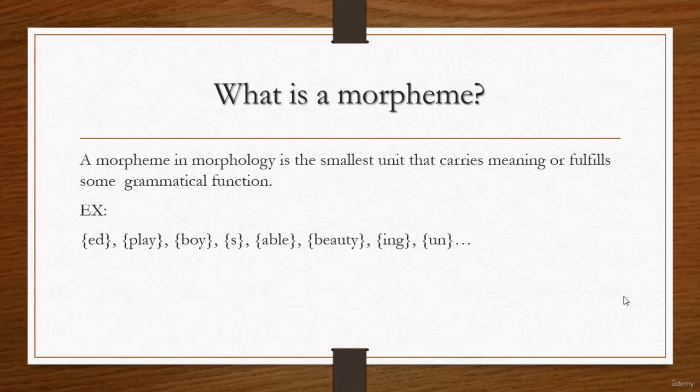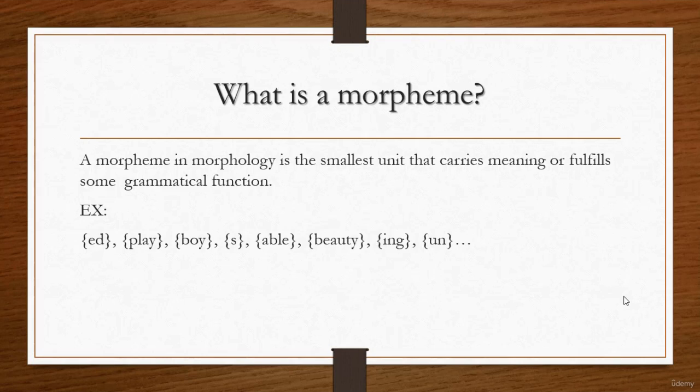It's a grammatical function. We have a lot of morphemes, for example, ed of the past, play, boy, s of the plural, suffix able, beauty, which is a noun, ing, and an. Each of these has some grammatical functions, and some of them have meaning, others don't. For example, boy is a morpheme, and it fulfills the grammatical function of being a noun.